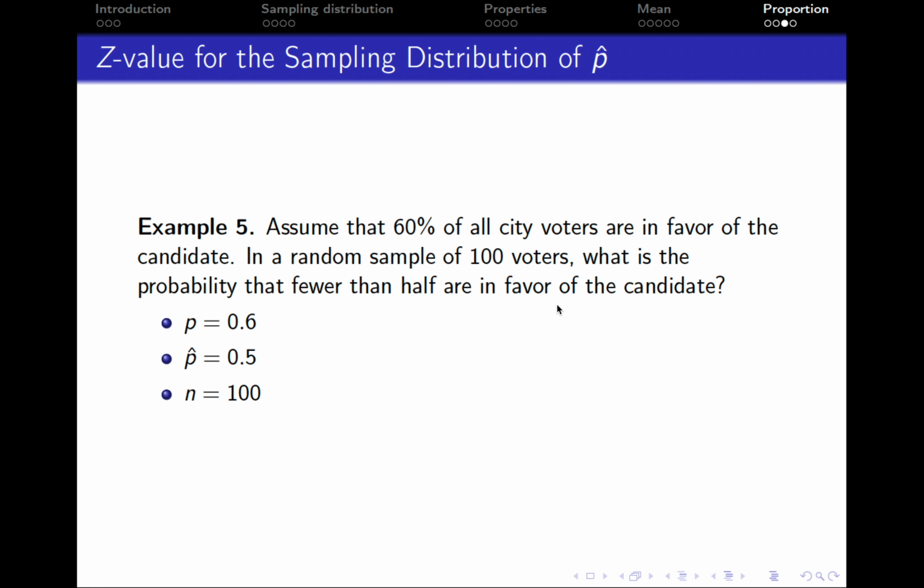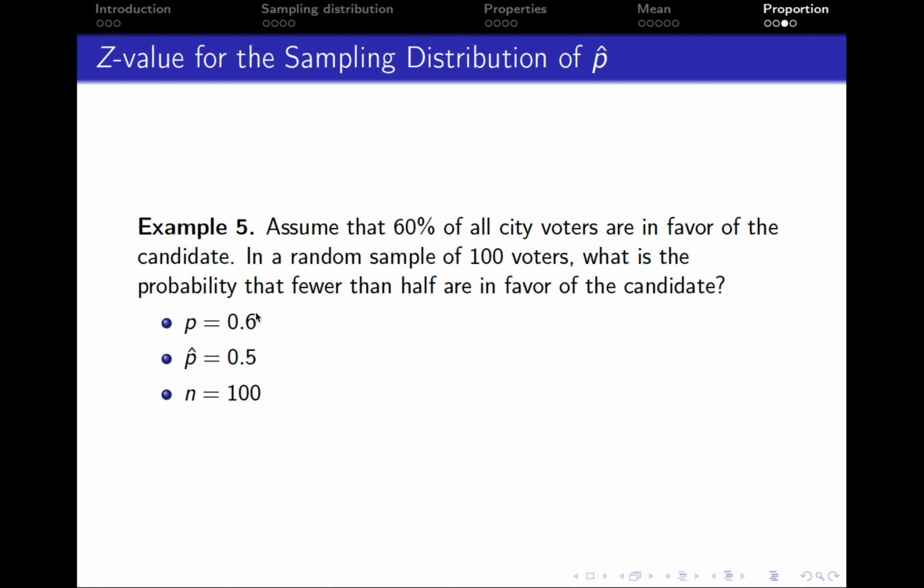So let's assume that 60% of all city voters are in favor of the candidate. In a random sample of 100 voters, what is the probability that fewer than half are in favor of the candidate? In this case, it is claimed that the true proportion of city voters who are in favor of the candidate is 60%.